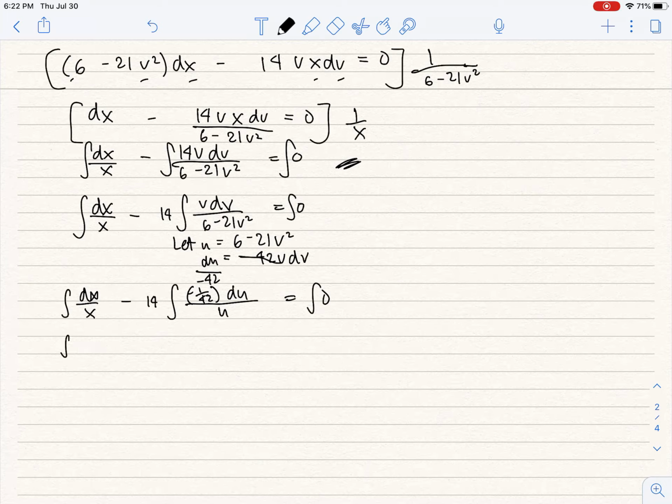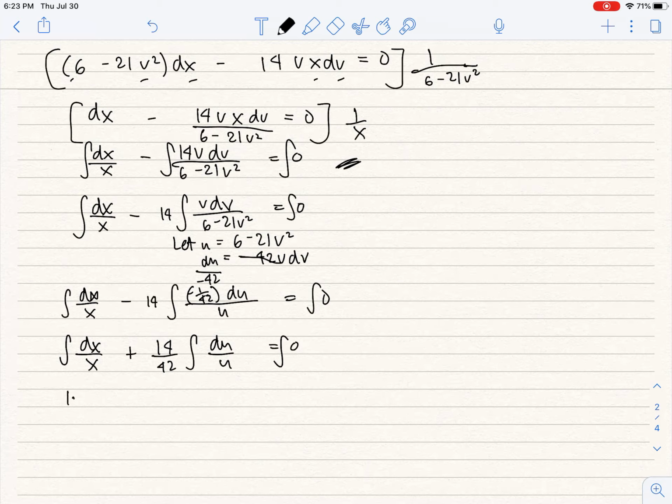So we take out the negative 1 over 42 to make the integral simpler. Multiplied by the negative 14, negative multiplied by negative is positive, and this is positive 14 over 42 multiplied by the integral of du over u is equal to 0.